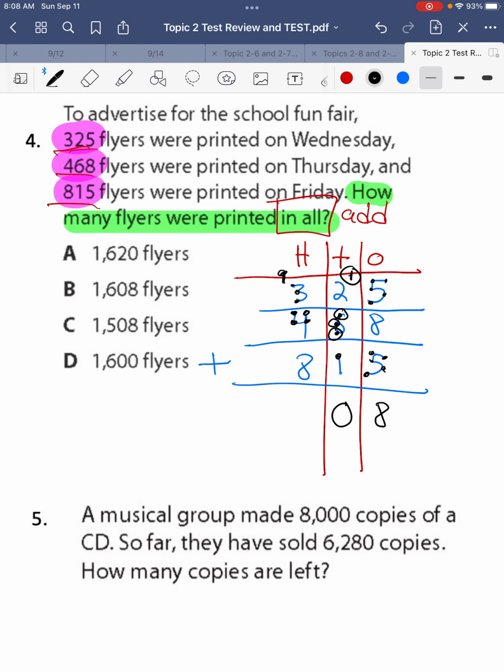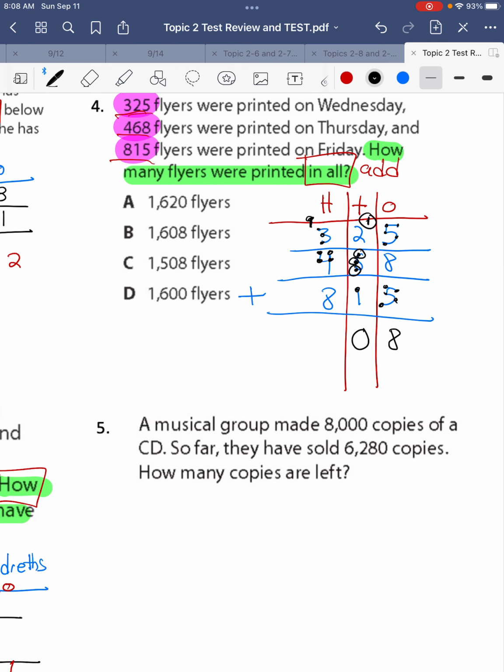So put my 16 here. And if you notice, I'm going to have to make another place value because my 1 in the 16 goes to the thousands. So now this is my new number, 1,608.